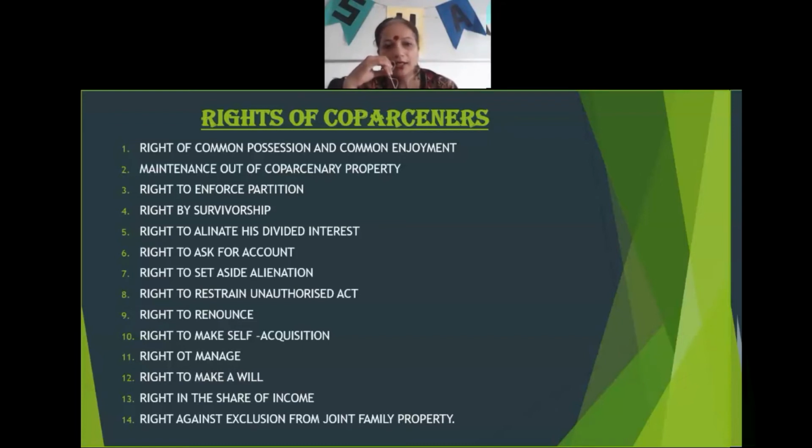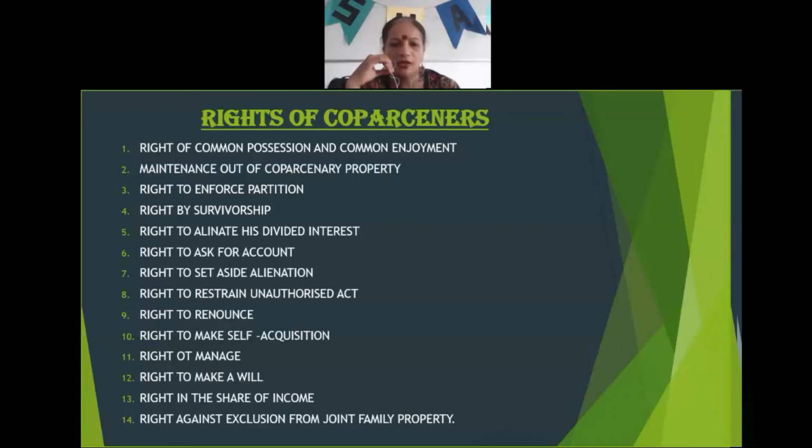Now the right in the share of income. Whatever income arises in the joint family or coparcener property, the coparcener has a right to share in that income. Then the right against exclusion from the joint family property.